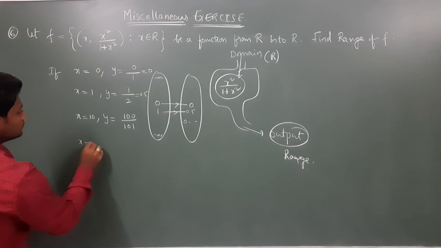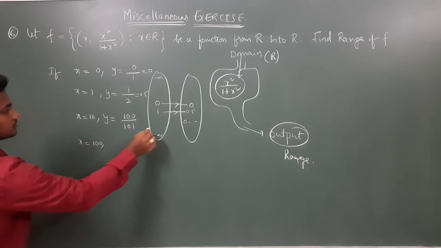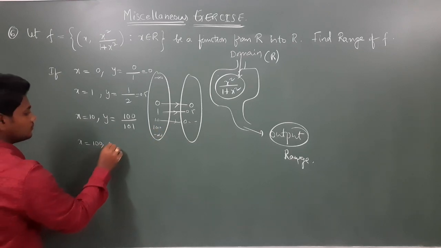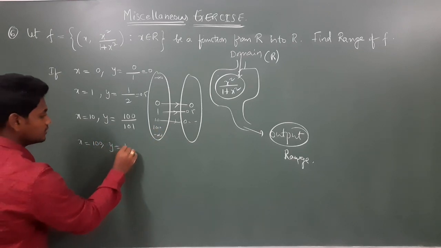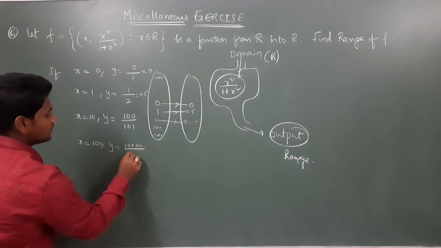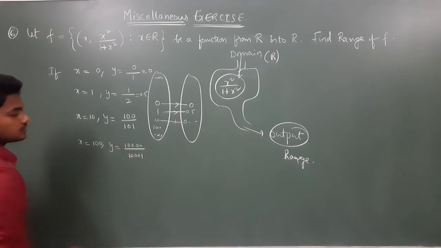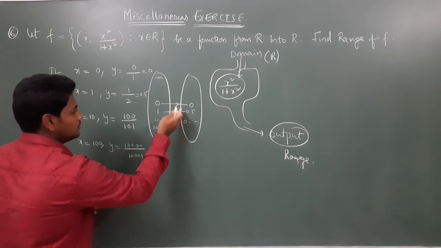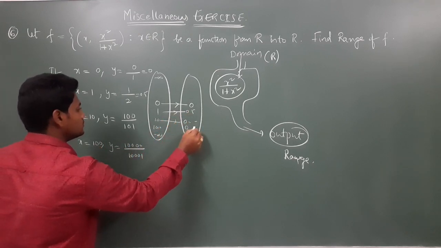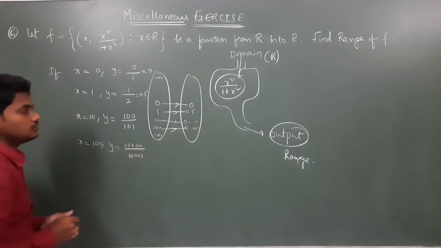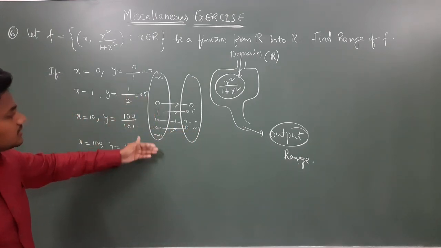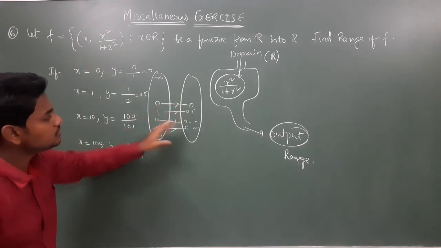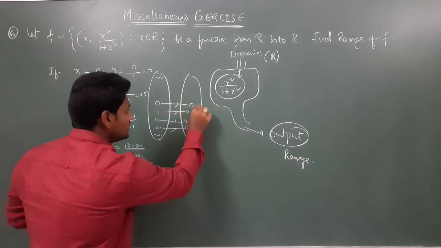If you take x equal to 100, y equals 100², nothing but 10,000, divided by 10,001. This value is also very close to it, so it will be 0.999 something. Like that, if you go on increasing the value, it will be in between 0 to 1 only.